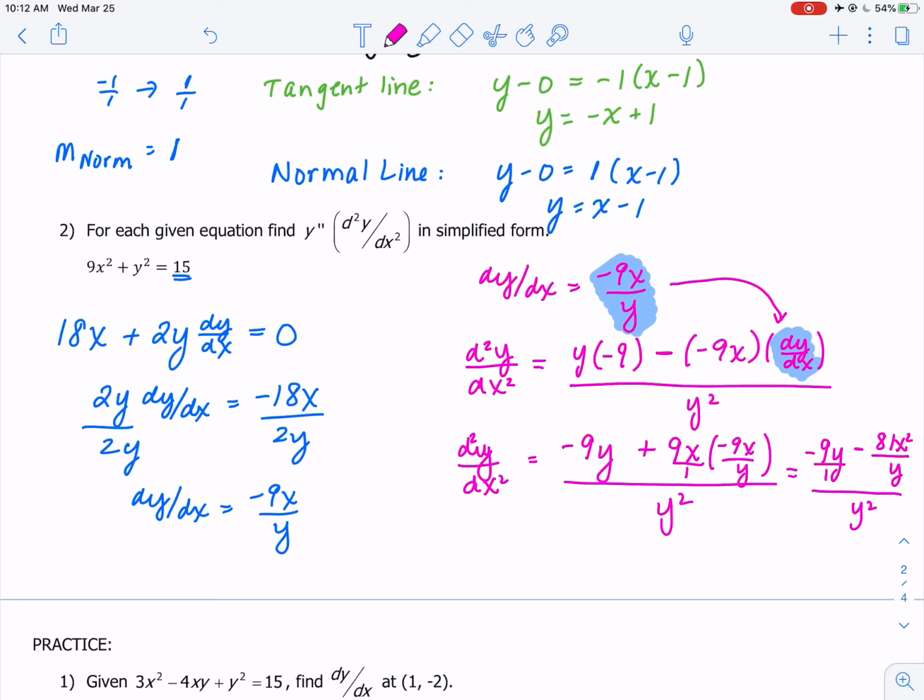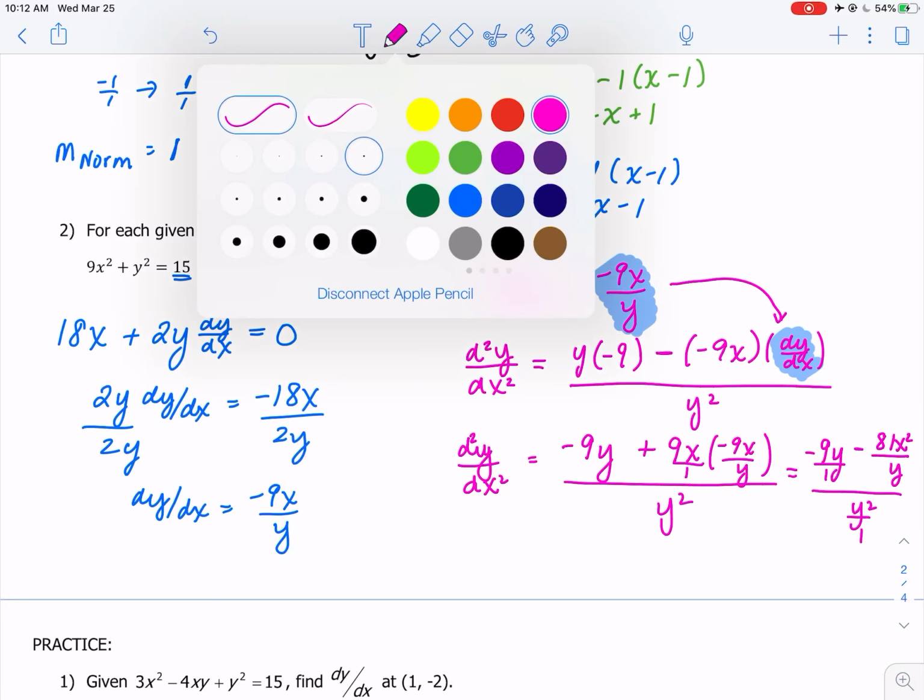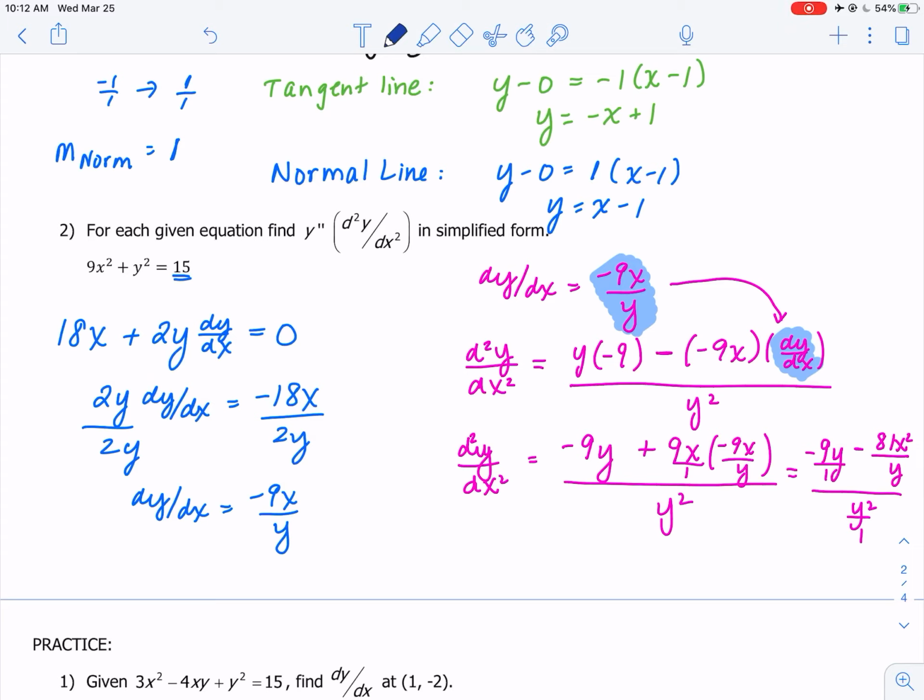You can turn all terms into a fraction and multiply by your LCD. The LCD for this entire fraction happens to be y. That's going to be your common denominator, so every single term here is just going to get multiplied by y.